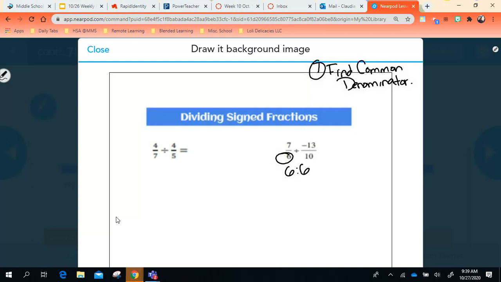So it's 6, 12, 18, 24, and 30. Oh, in my head, I'm already thinking, okay, 10 is counting by 10, so I think I found one. I'm going to do 10. So 10, 20, 30. And I'm going to circle.